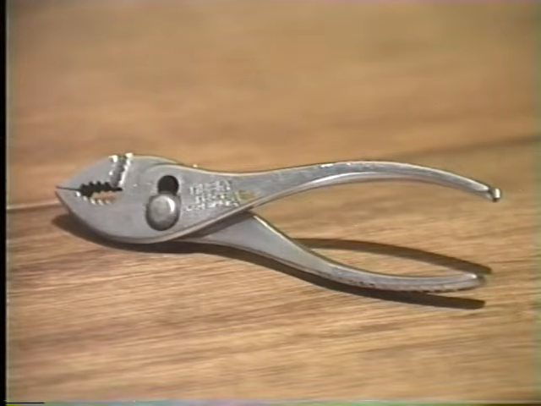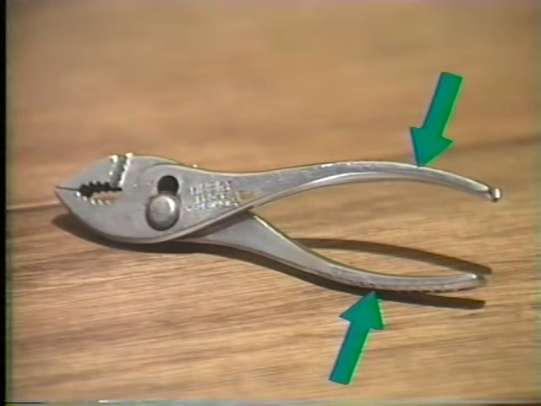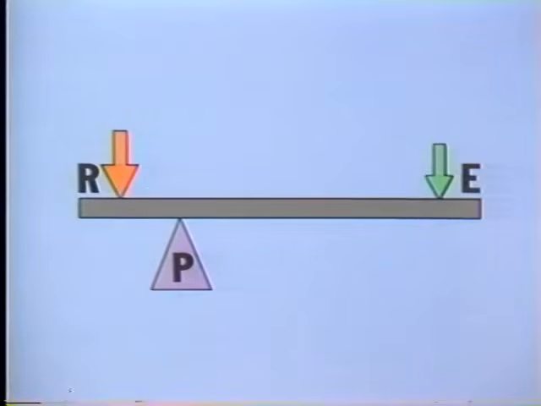These pliers are another example of this type of lever. Here's the pivot. The resistance is whatever you grip with the pliers, and the effort is the squeezing action of your hand on the handles. Notice that the pivot is closer to the resistance than to the effort. So in general, the pivot of this first group of levers is located between the effort and resistance forces.